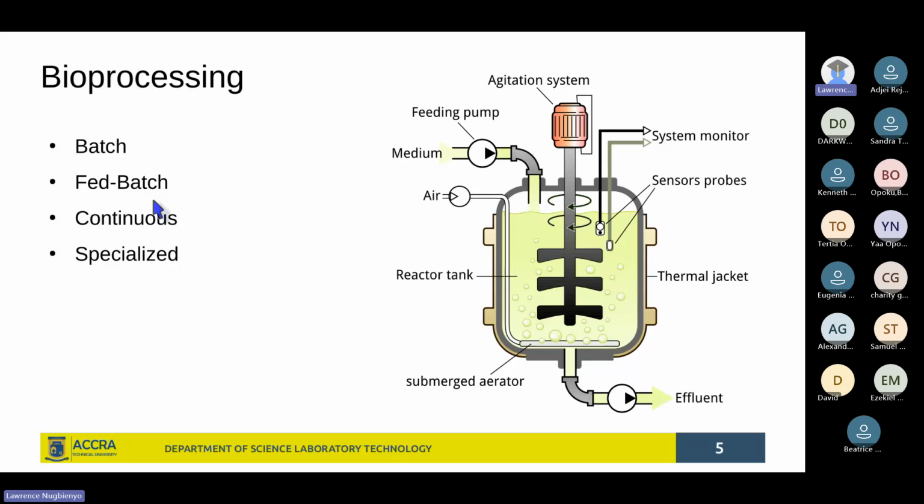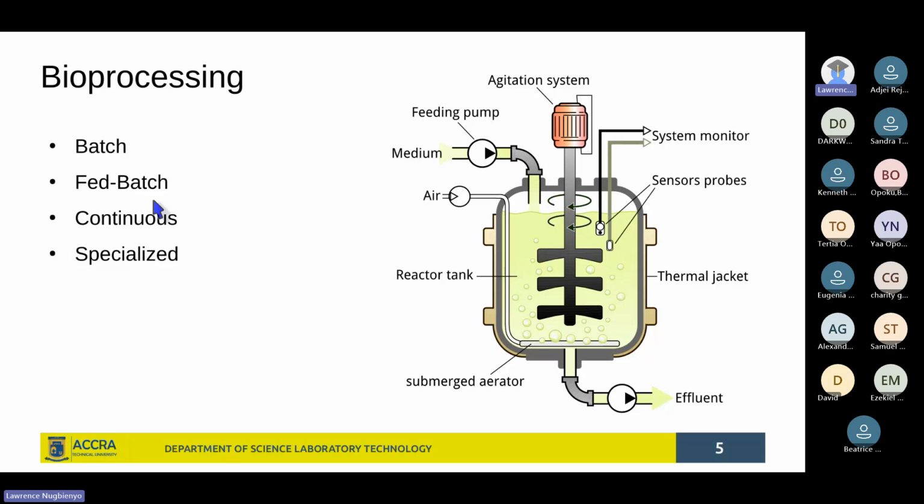You can introduce feedstock at a point apart from the beginning, along the line after a certain stage, and then wait till the harvesting time to get a product.